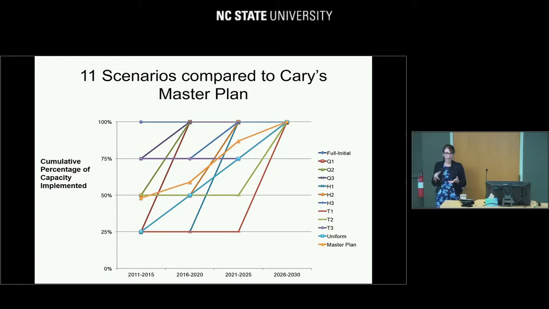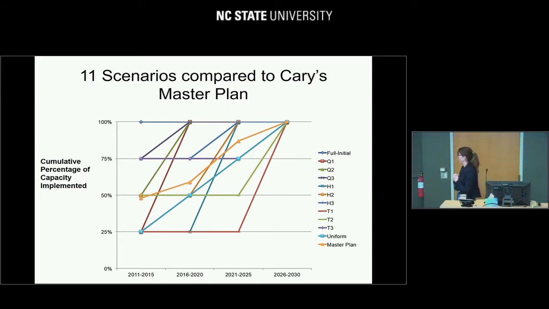You can compare that to the turquoise square line, which is the uniform. That just shows every phase there's a 25% increase in the amount of capacity available. We're also going to look at the full initial, which is just the top line, saying if our goal is to maximize use of reclaimed water, just make it all available all at once, not taking into account that's a massive amount of construction that would have to be done all at once.